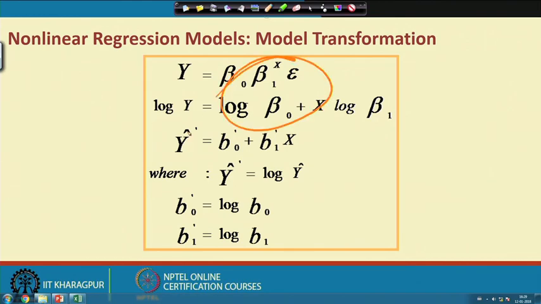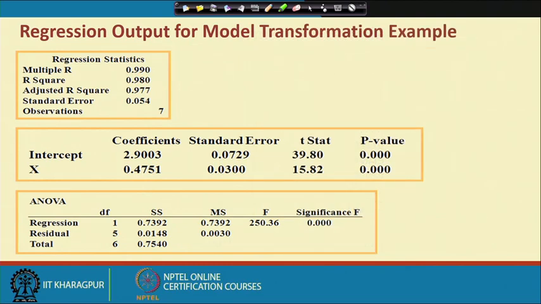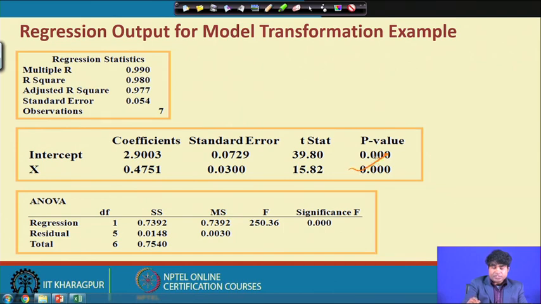The same way variables can be adjusted. At a later stage we do the adjustment, and then you check the estimation. This is the original data, and this is the transformed data. Again you check the output with the transformed data. It is coming fairly okay to get the estimations.